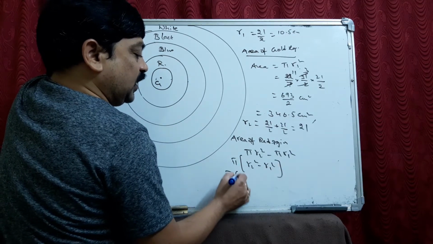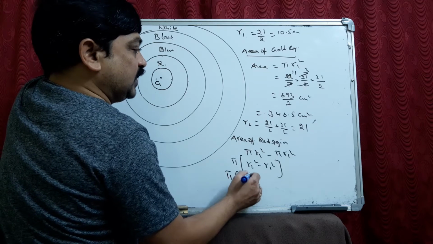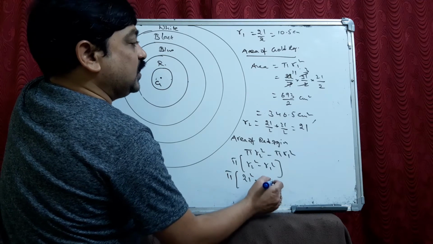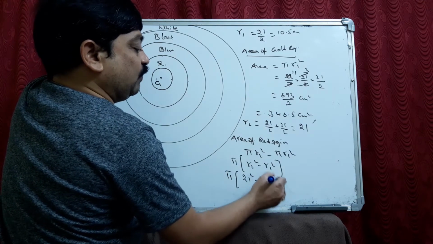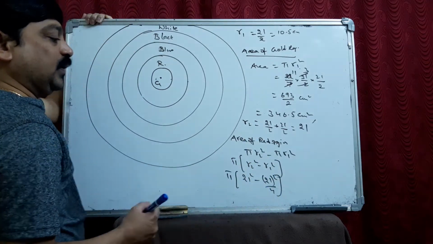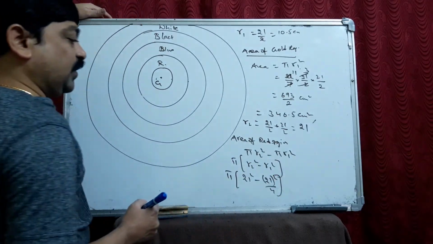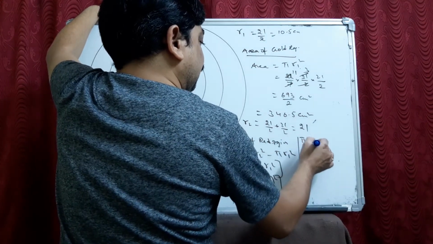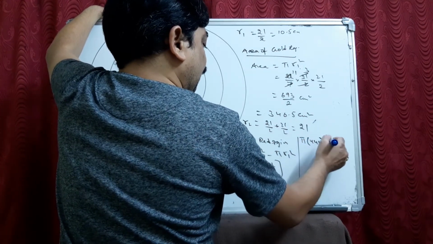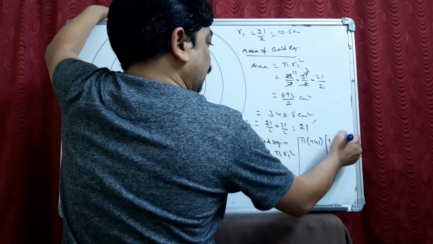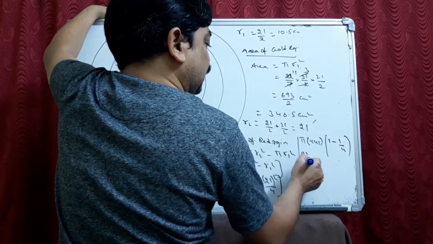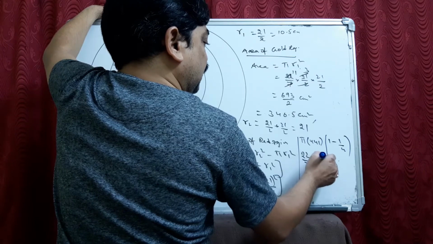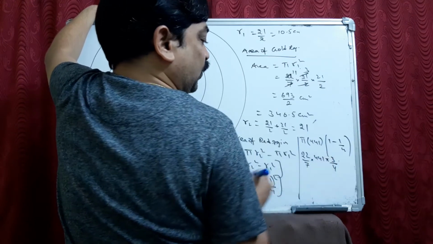So pi common, R2 square is 21 square minus 21 whole square by 4, because it is 21 by 2 whole square. Let us take 21 square common outside. It becomes pi into 441 common, 1 minus 1 by 4. So now write pi as 22 by 7, 441 into 3 by 4.